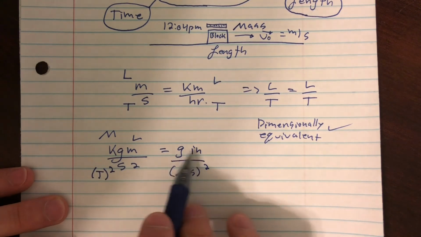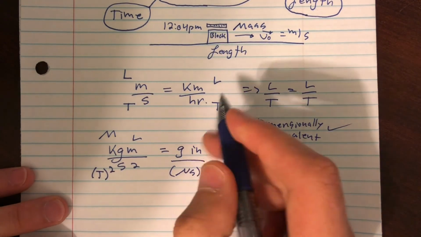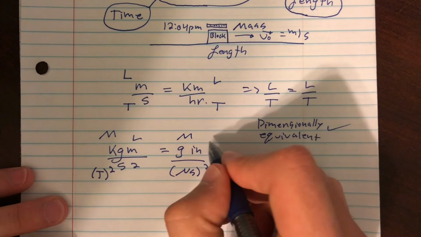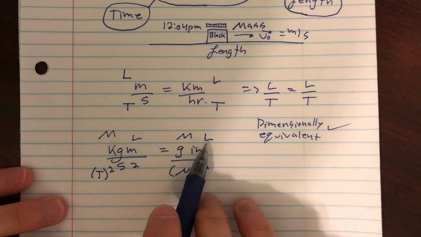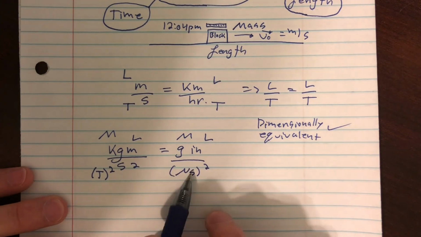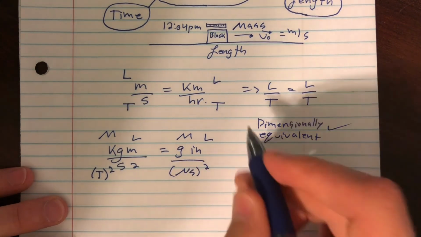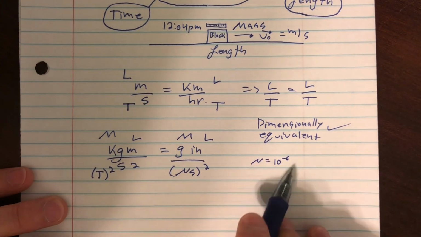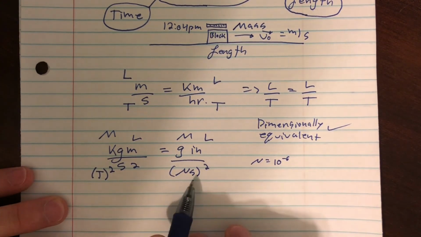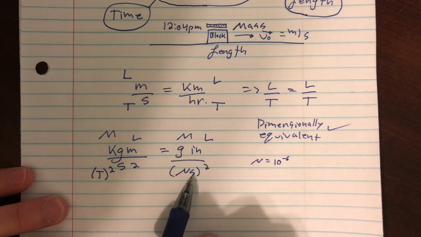All right, cool. So let's see what's going on with this one. Well, grams, that's also a unit of mass. Inches, that's also a unit of length, not mass. And then microseconds. So the micro, that's just 10 to the negative sixth. So micro equals 10 to the negative sixth. That's just a factor. It's not an actual dimensional unit.